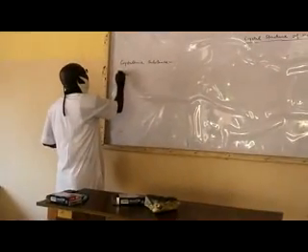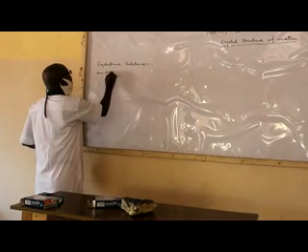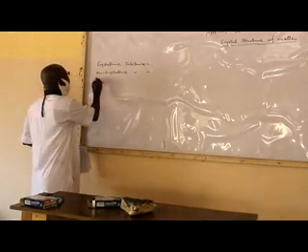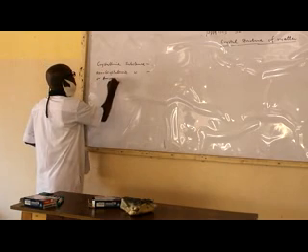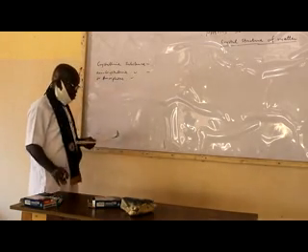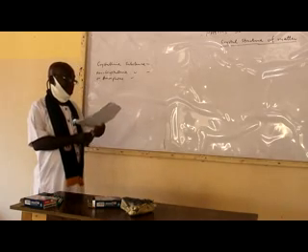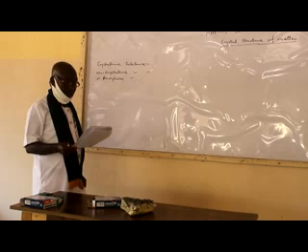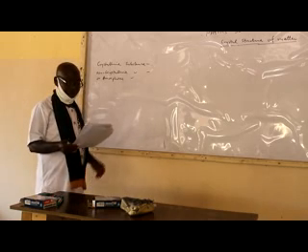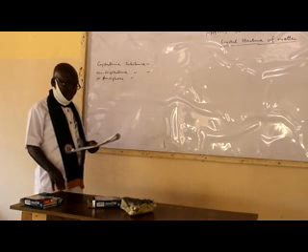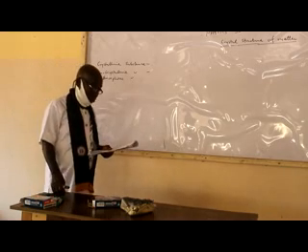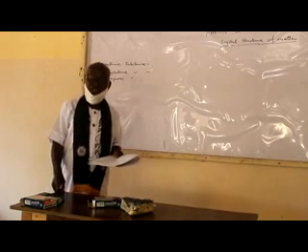Then non-crystalline substance or amorphous substance is also a solid material whose atoms or ions or molecules are not arranged in an orderly, regular, and repeating pattern. So these are the two solids.